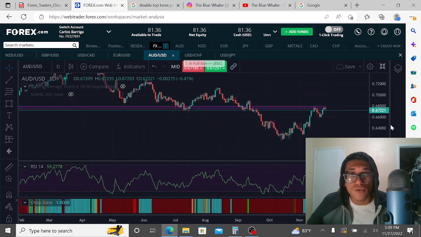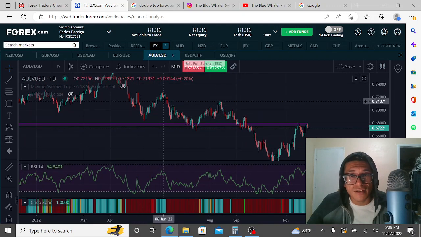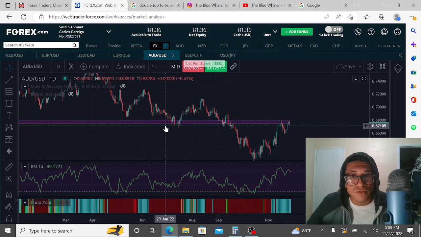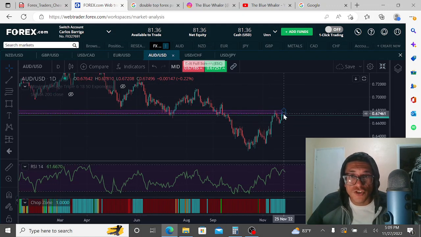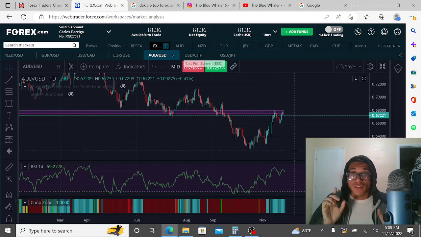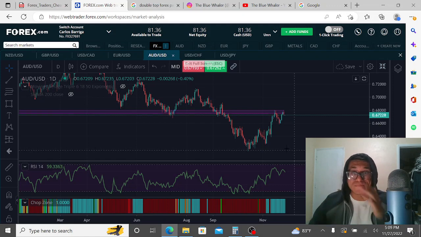According to the overall trend, it's creating lower highs and lower lows. So it went up here, we got a lower high, lower low. So it should be going down and should be creating a new low. Keyword: should be creating a new lower low.